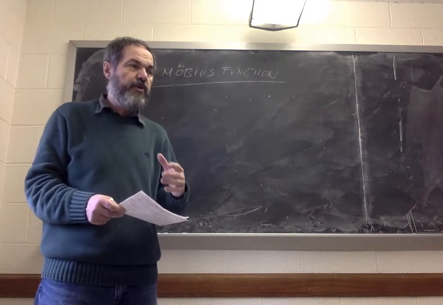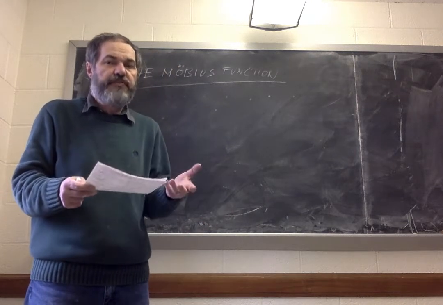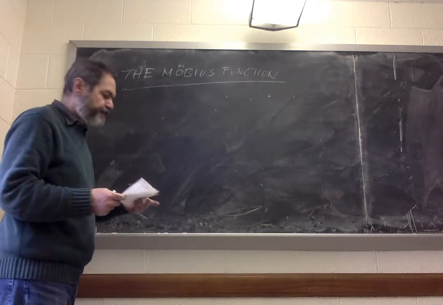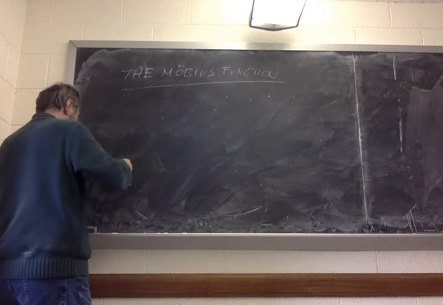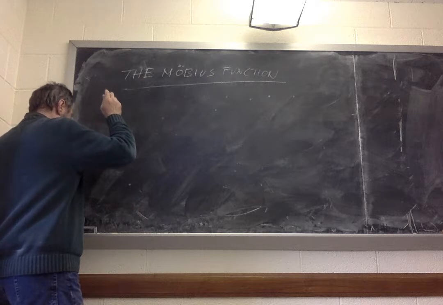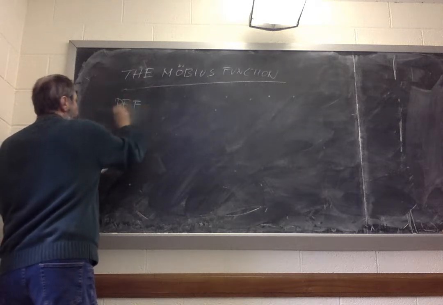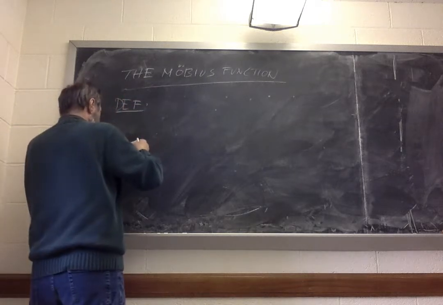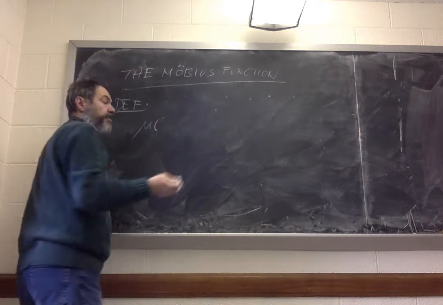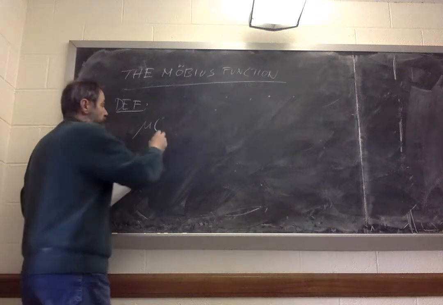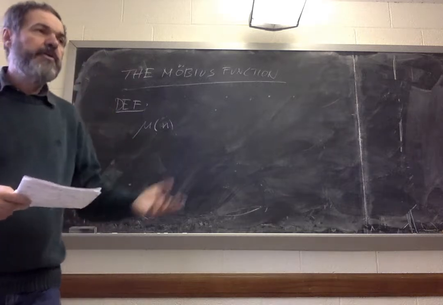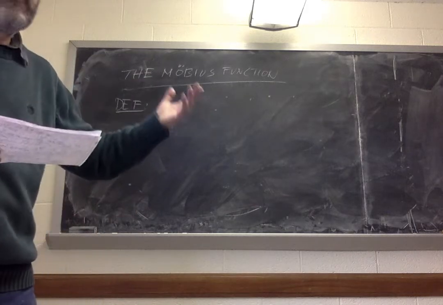All we need about the Mobius function is how to compute it, what it means, the definition, and the quick properties. So that would be section 3.6, the definition. We use this notation, another Greek letter, mu of n, mu from Mobius.